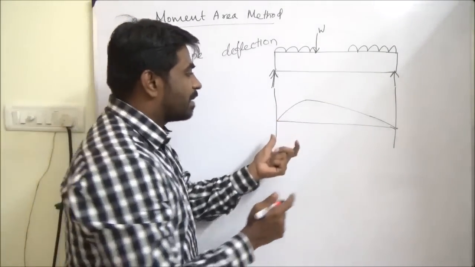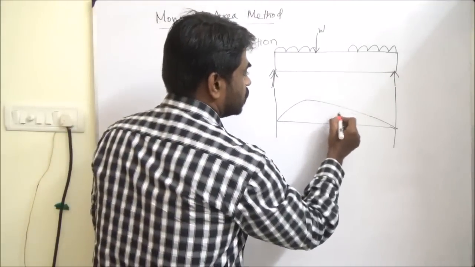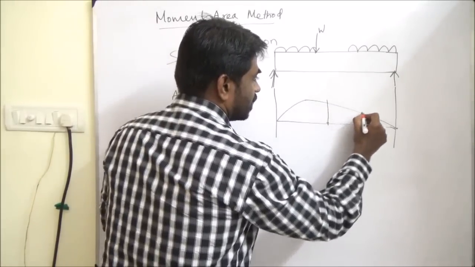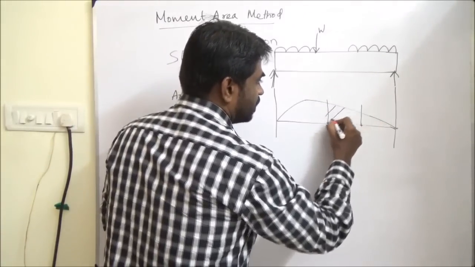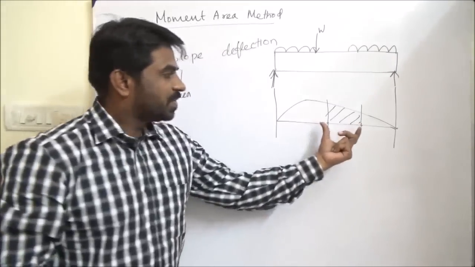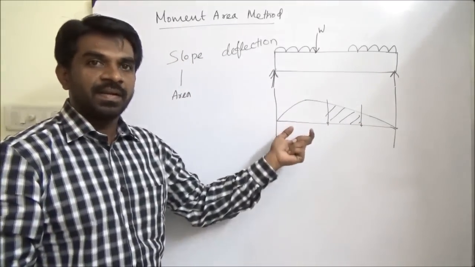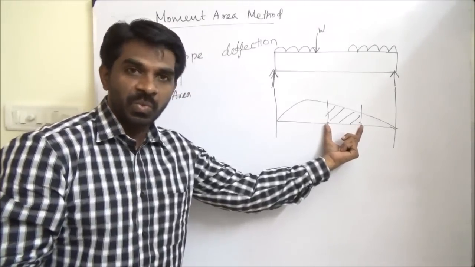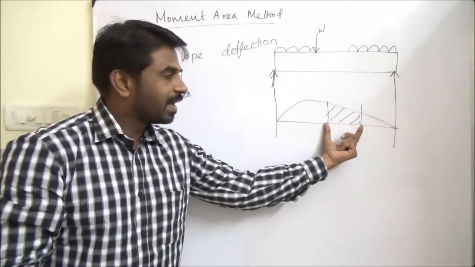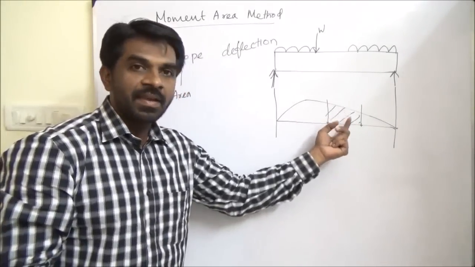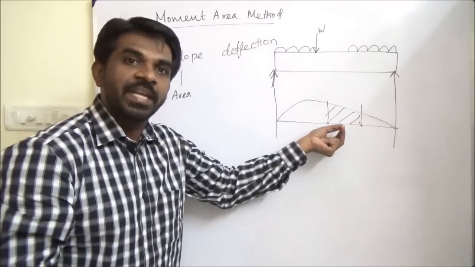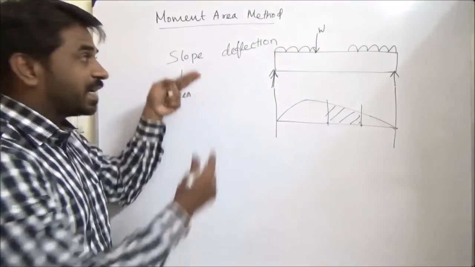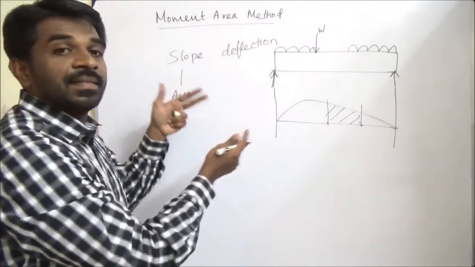So say for example we have 2 points here and here. If we calculate this area, then from this method we can get difference of slope between these 2 points. Upon just finding out the area, we will be able to find slope. That is what the theorem says.